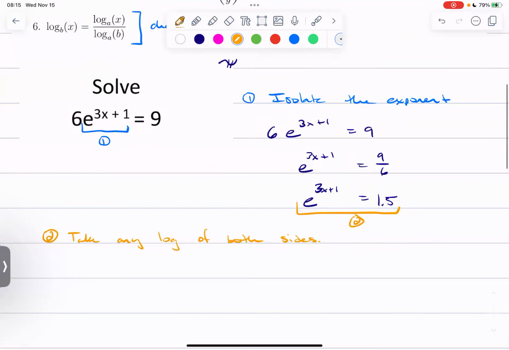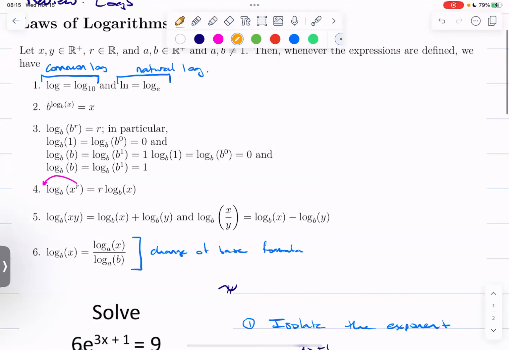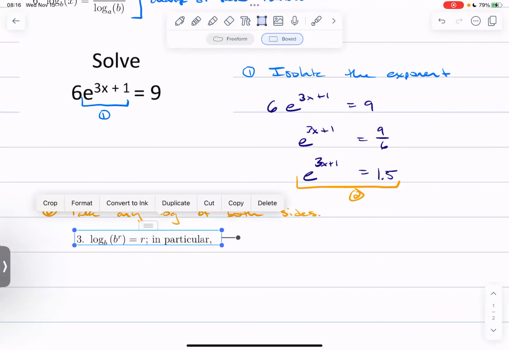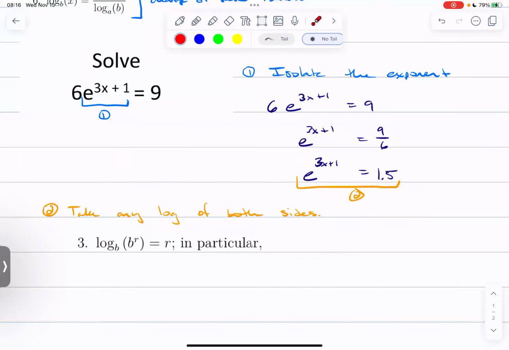But one of the things that I want you to keep in mind is that if you take log base e in this case, of e to the power of 3x plus 1, then it just equals 3x plus 1, right? Because the log base e and e are going to cancel, and we saw why.